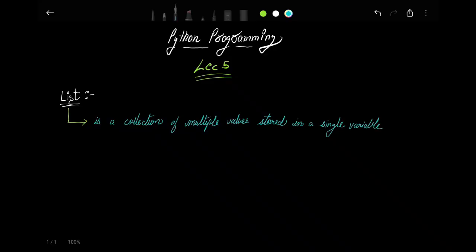Instead of creating many variables, we create one variable and that variable stores multiple values. For example, if I write marks equals to 90, 95, 85. Here marks is one variable but it stores multiple values together. This makes our code shorter, cleaner and much easier to manage.